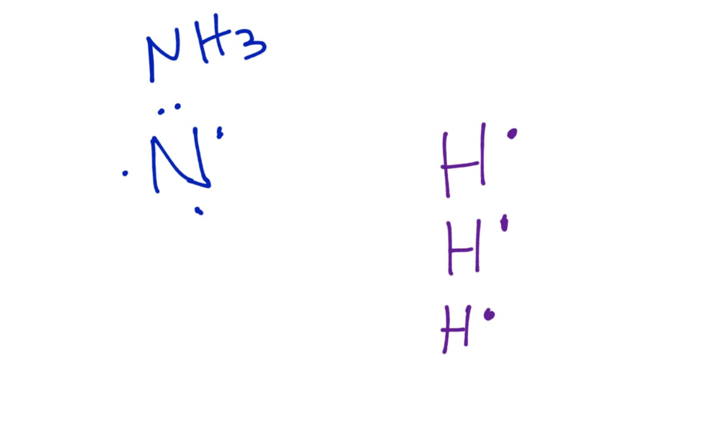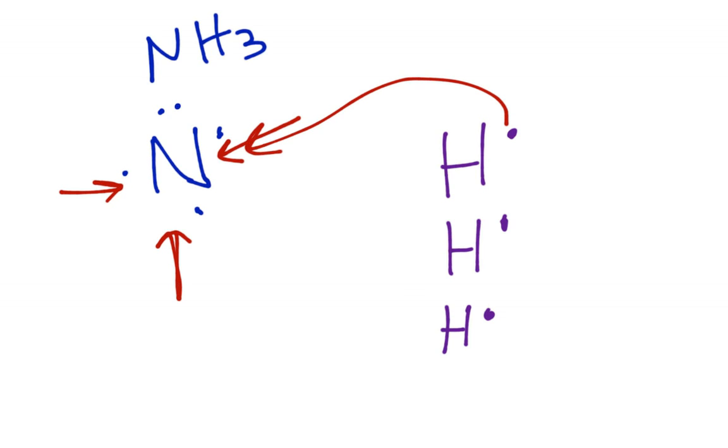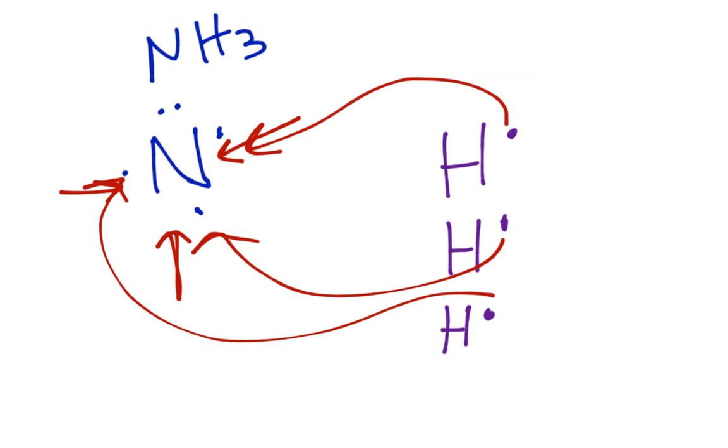Alright, and so when I look at my atom here, I can see that it wants another electron here, it wants another electron here, and it wants another electron here. Well, I happen to have another electron, a second electron, and a third electron that would all fit. So I can redraw this like so.